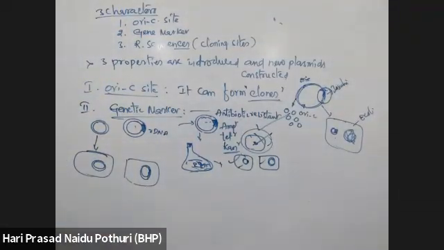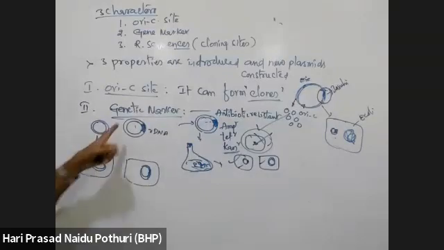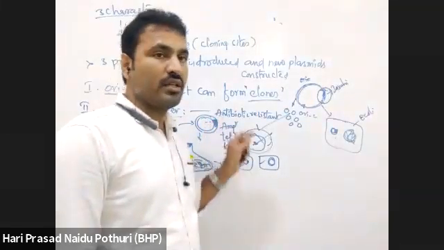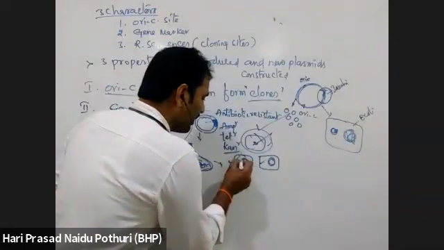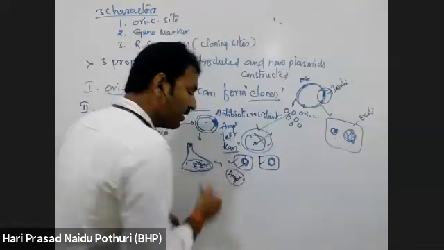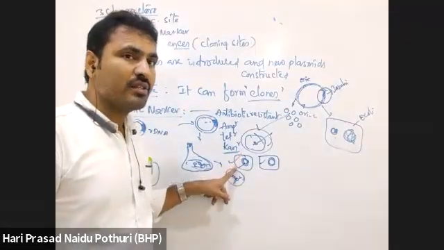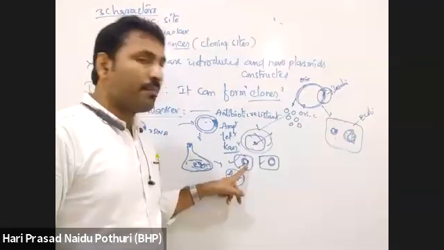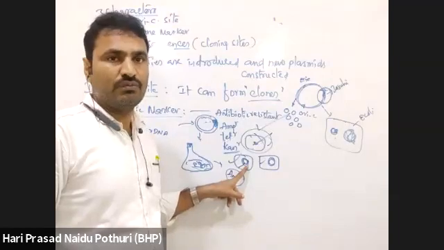Like that, different genes are possible. What is the activity of this resistant gene? Suppose a plasmid has ampicillin resistance. Ampicillin resistant means that in the presence of ampicillin also, that bacteria can live.